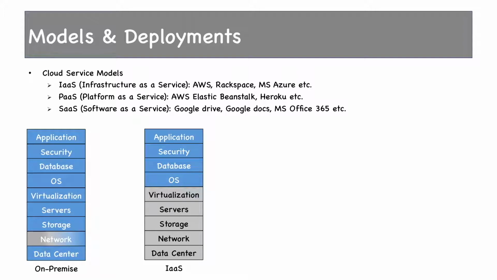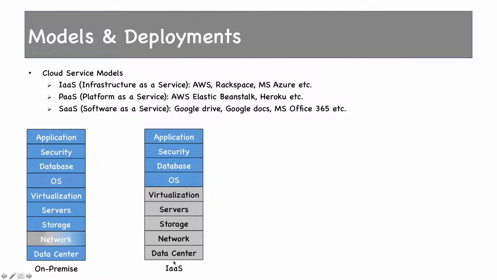And the gray portion is something which is managed, controlled, and maintained by the provider. So in this case, if you see an on-premise data center, everything is blue because you have to maintain, manage, control everything except for network, which has both blue and gray portion, because you have to get your network from some or the other internet service provider.